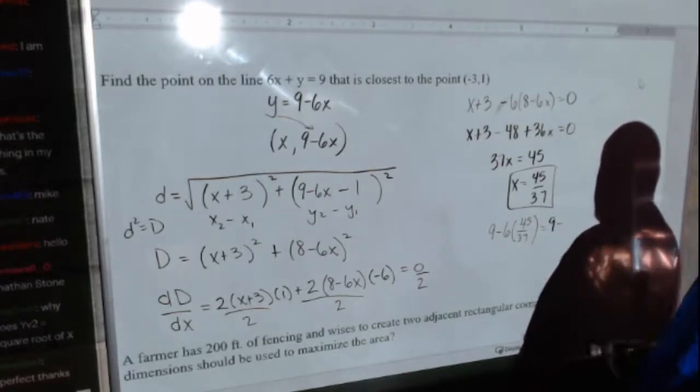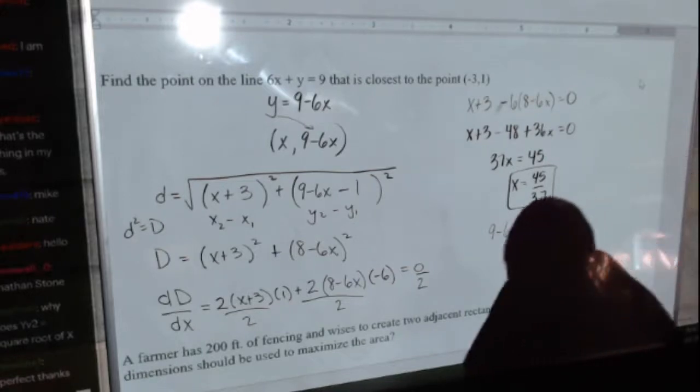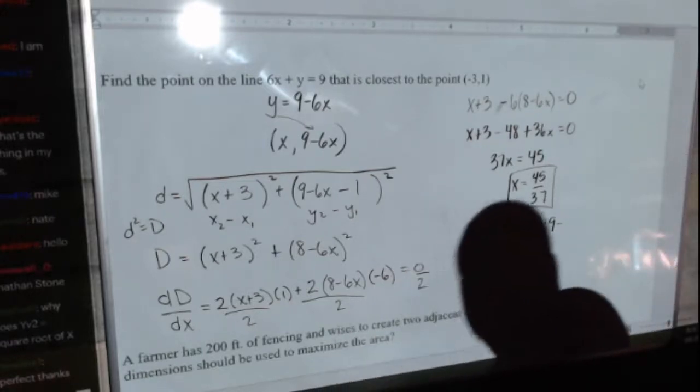So let's see if that comes out as anything nice. I don't think that it will, because we got 37, not 36 there.